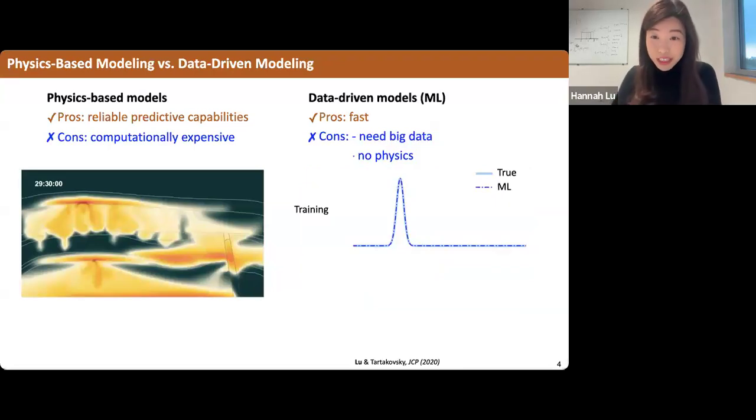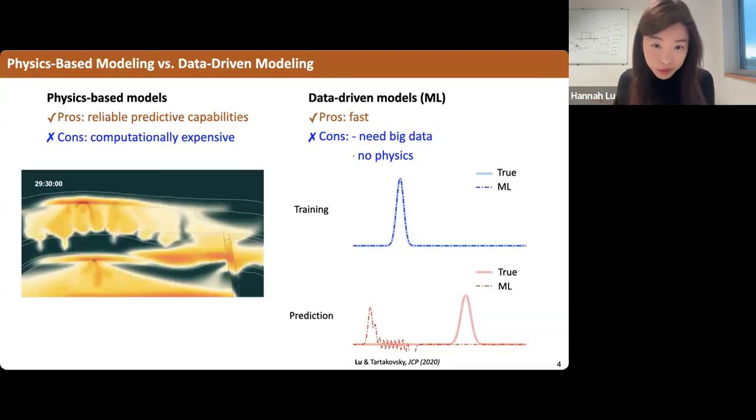If we blindly throw data-driven modeling in as a black box for a physical problem, it may fit the data very well in training, but it may fail immediately at prediction. This is an example from my previous paper.